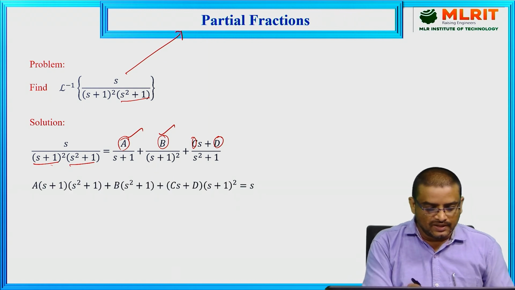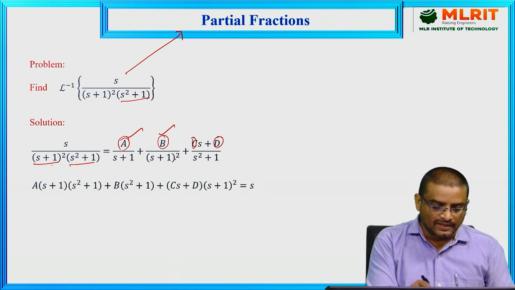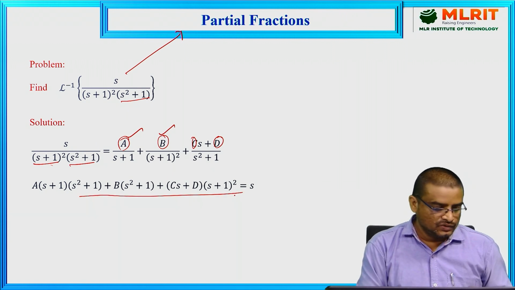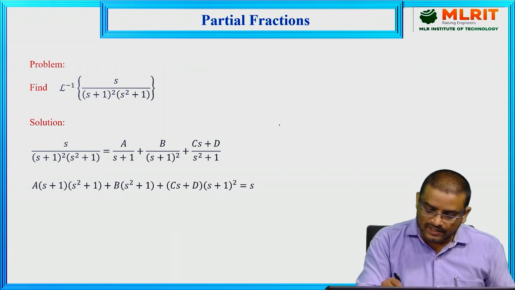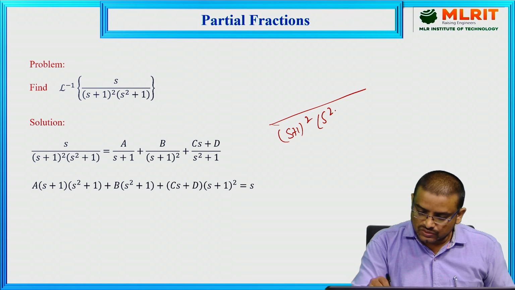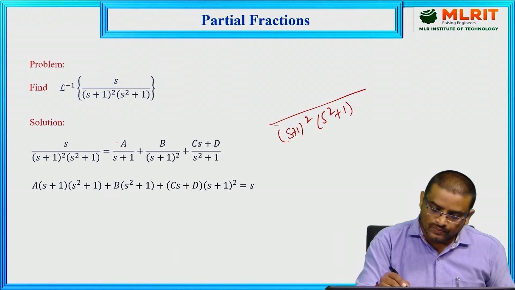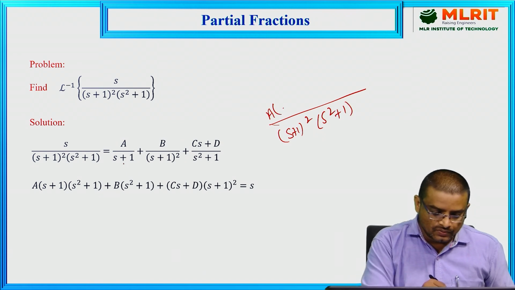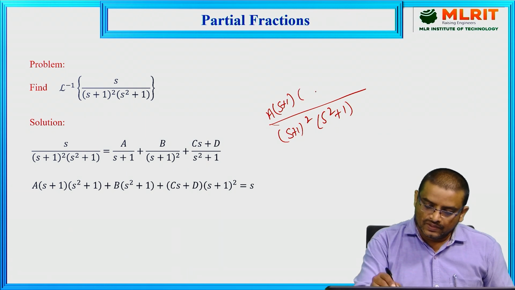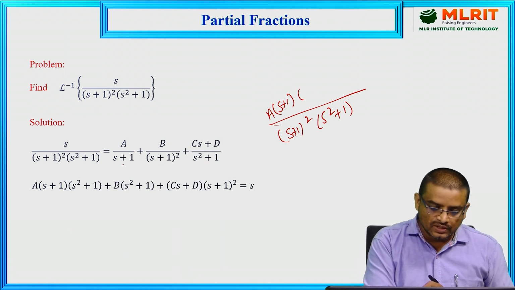Similarly, take the LCM and cancel the denominator on both sides. So finally you will get this one. Our LCM is s plus 1 whole square into s square plus 1. Go to the numerator a. We have only one s plus 1 in the denominator where we need s plus 1 whole square, so we have a shortage of s plus 1, and we don't have s square plus 1 in the denominator.